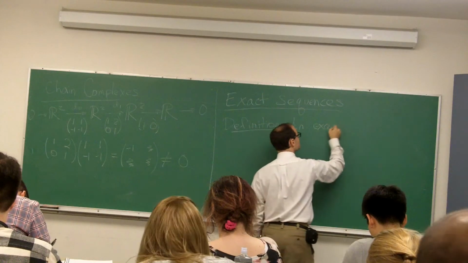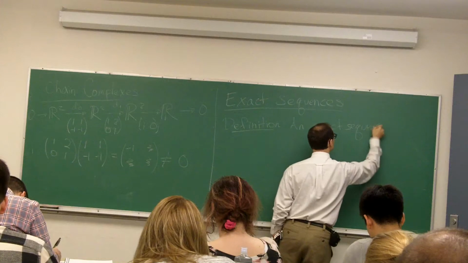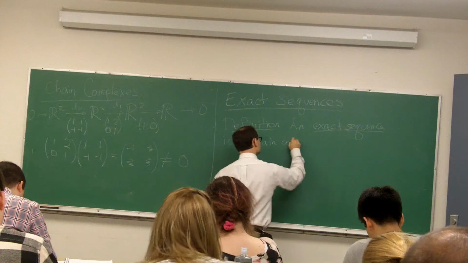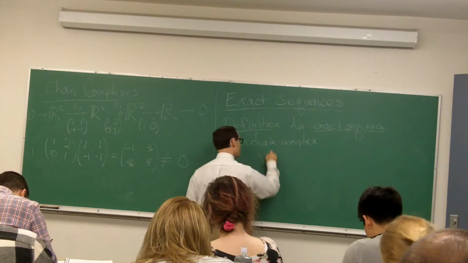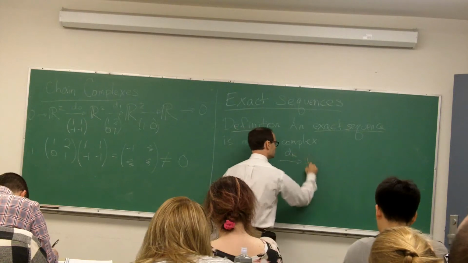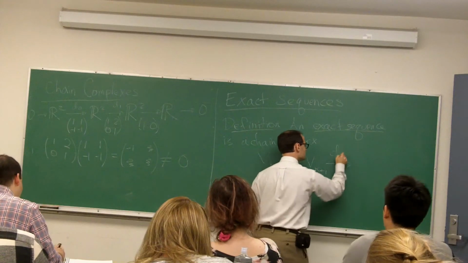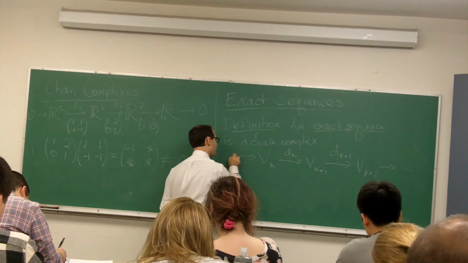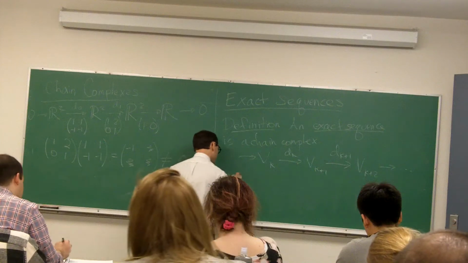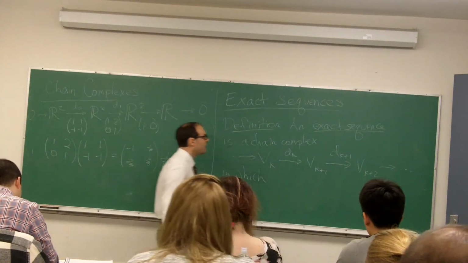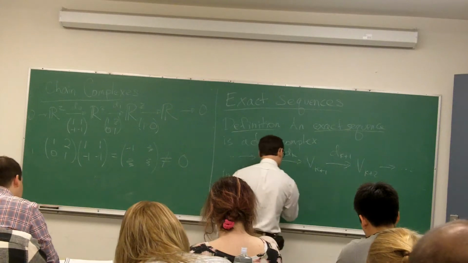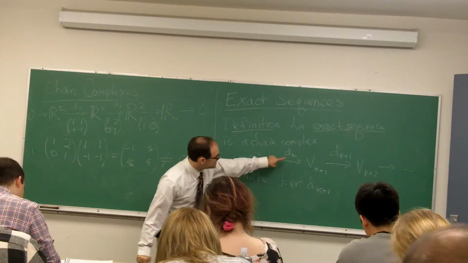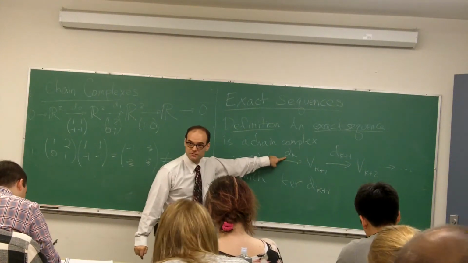An exact sequence is a chain complex in which, well, now we're going to actually use the spaces, where the kernel of k plus 1, this guy, it doesn't just contain the image, it is the image on the nose.